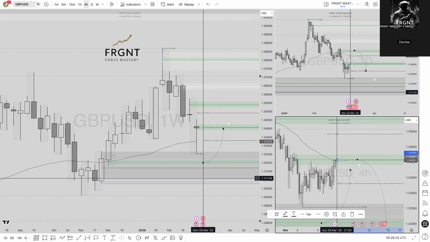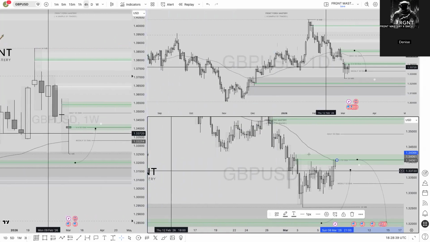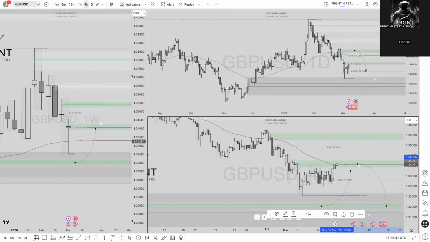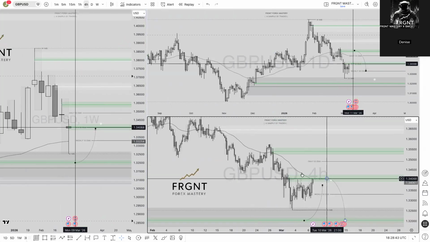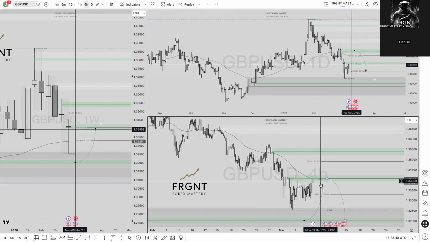But looking at the 4 hour 50 MA and how price is performing with it, it means I have to close my position by there personally for myself, or at least manage my position by there, because looking at the 4 hour time frame, what's going on? We're respecting it. Do I have that as facts? Well, yes, I do. Price wicked into it, closed below.